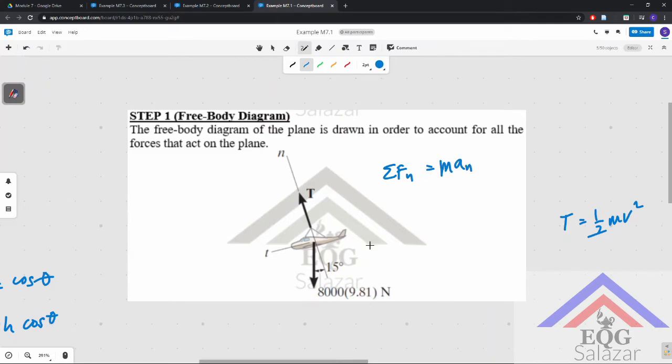So what are the forces acting along the n direction? It is this force right here, the weight times cosine theta. So this will be T minus weight cosine theta equal to m a n, where we know that a n is v squared over rho.